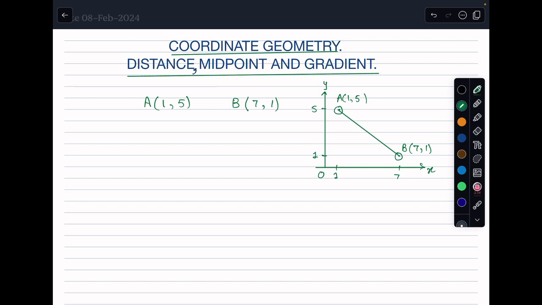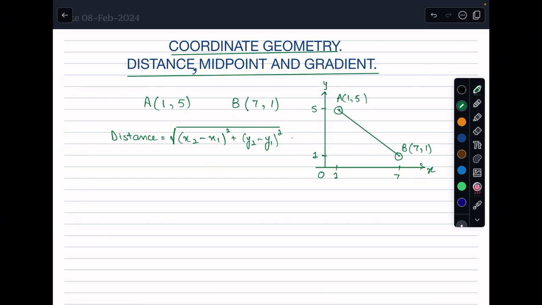The general formula for the distance AB is the square root of x2 minus x1 the whole square, plus y2 minus y1 the whole square.